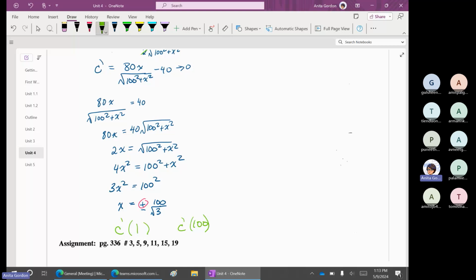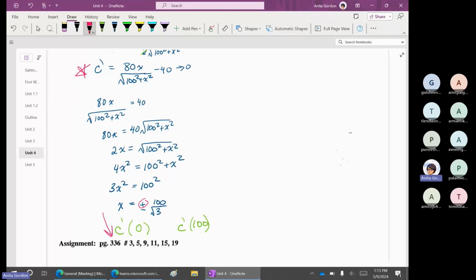Remember, you're looking for positive or negative. So you're going up to C prime, put 1 in there. You can even put 0 in there, right? 0 is smaller. Might be easier if you did 0. If I put 0 into C prime, I get a negative answer.